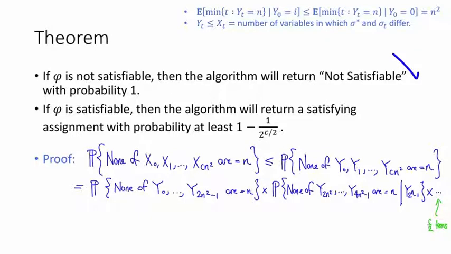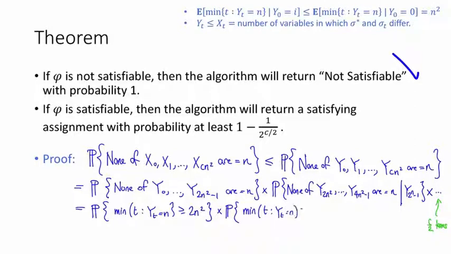But another way to write this is that this is equal to the probability that the minimum over t, so that y sub t is equal to n, is at least 2n squared, times the probability, same thing, the minimum of t such that y sub t is equal to n is at least 2n squared, conditioned on whatever value of y 2n squared minus 1 was here.